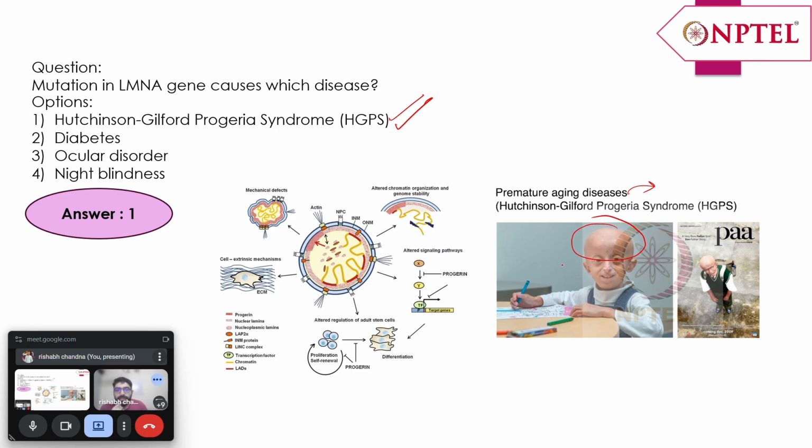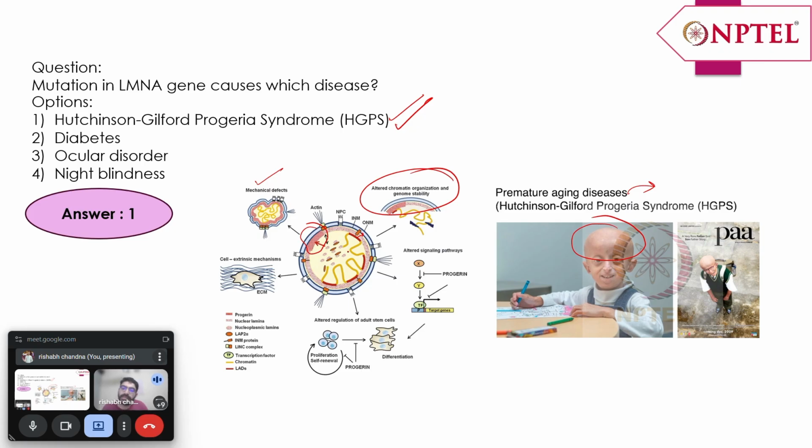Okay. So what happens is, if this particular lamin A gene is mutated, it will lead to mechanical defects. That means it will not be able to hold the nuclear membrane properly. Then it will also alter the chromatin organization and genomic stability, because the chromatin, the heterochromatin basically, is attached to these lamins.